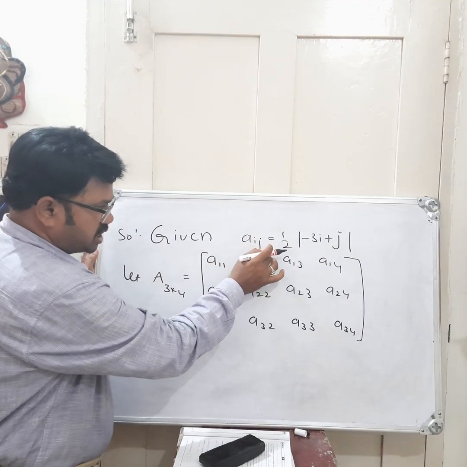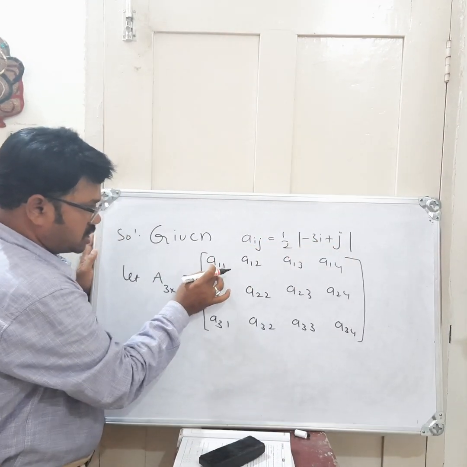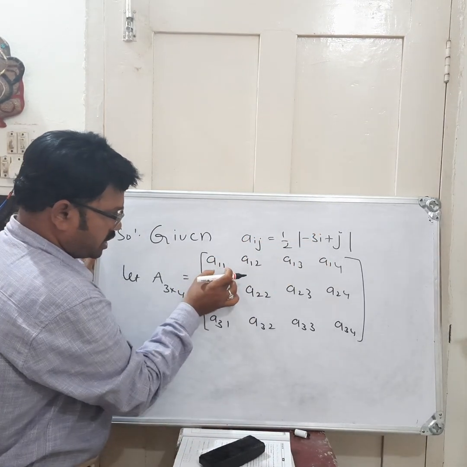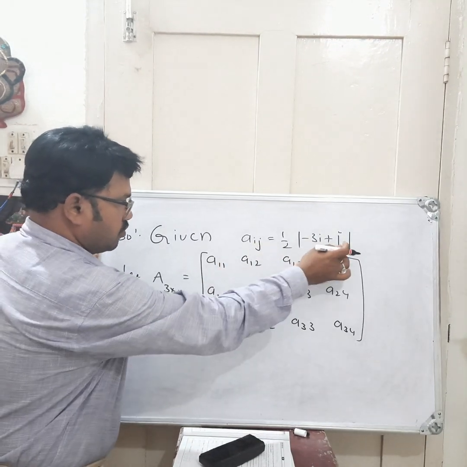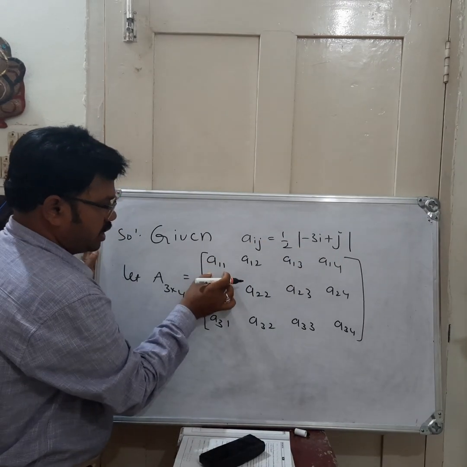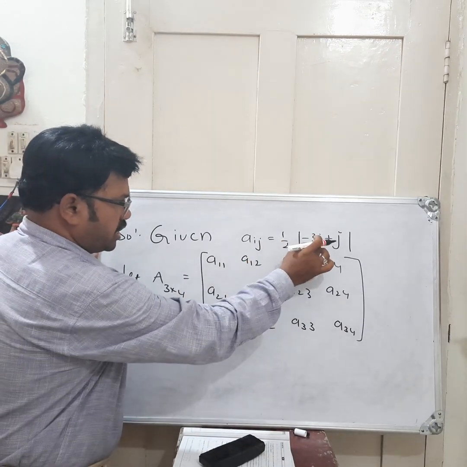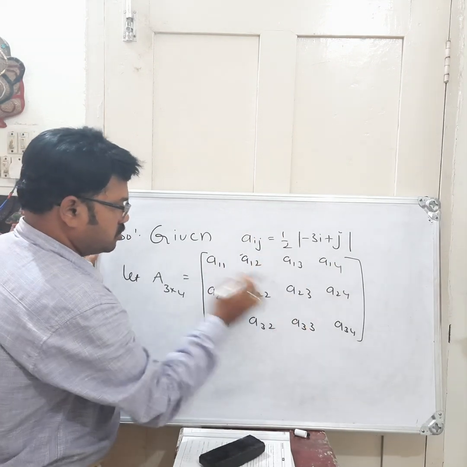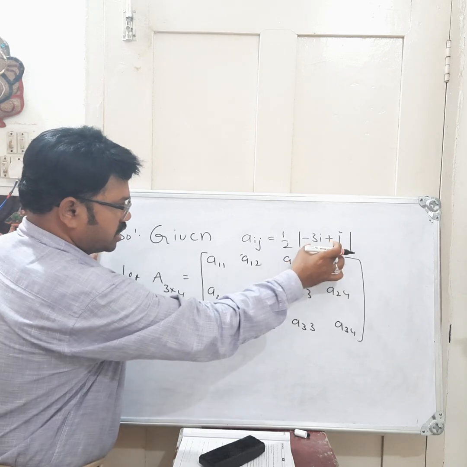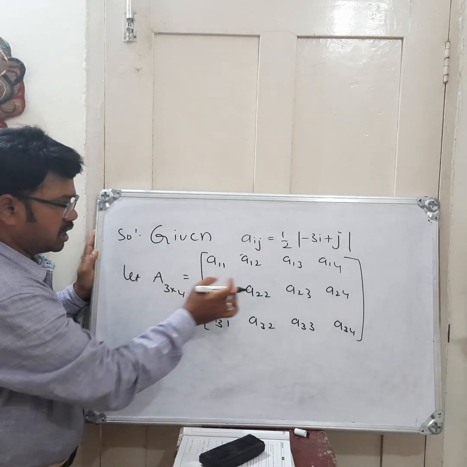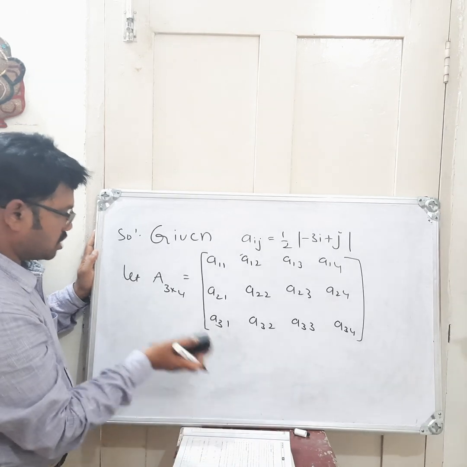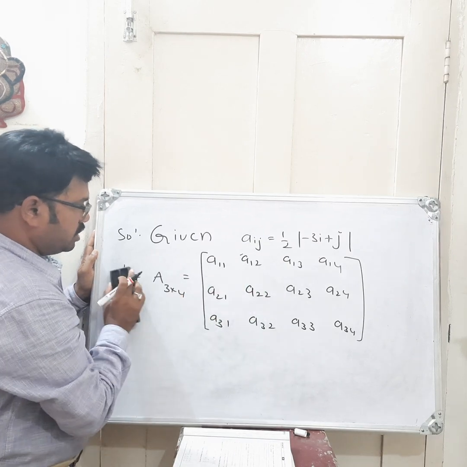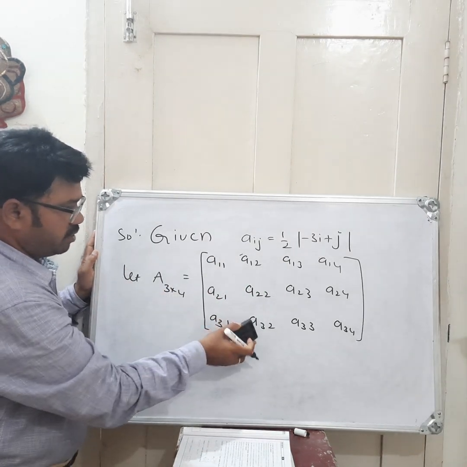In the given relation, instead of i and j, we substitute the corresponding ith row and jth column values. Suppose for the first element i equals 1 and j equals 1, then you get the A11 element, and next if you substitute i equals 1 and j equals 2, we get the second element. Like this you substitute the i and j values in the given relation, and we will get the required elements for the 3 by 4 matrix.